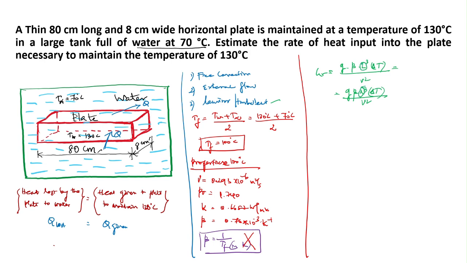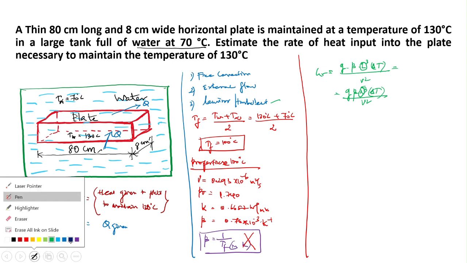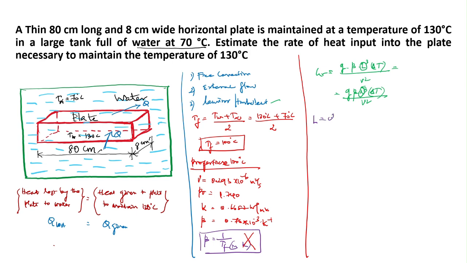In the case of a horizontal plate we have a formula to find L. L is nothing but the characteristic length, in the case of a horizontal plate. That can be calculated from the formula surface area divided by perimeter.